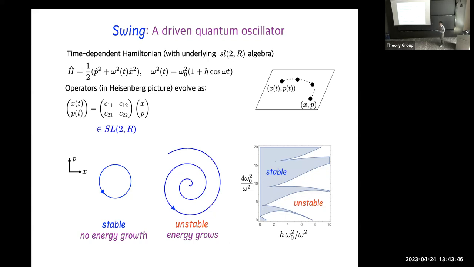Is that formula for omega of t supposed to be a model for a real swing? How did you cook up this formula for omega of t? Why are you considering that particular formula? Oh, for example, if this one is constant, it simply means the harmonic oscillator has a fixed frequency.